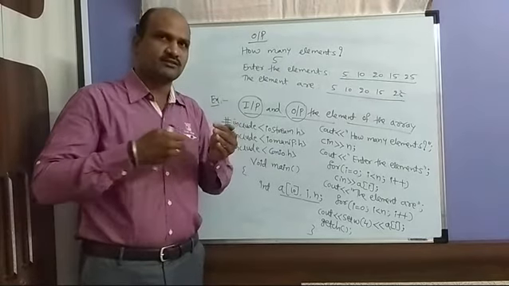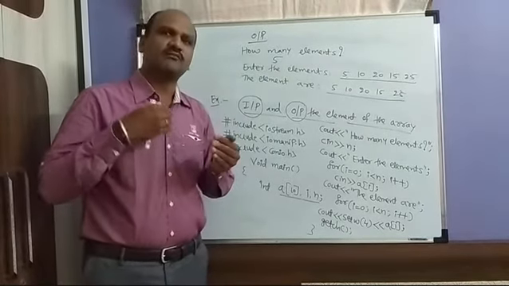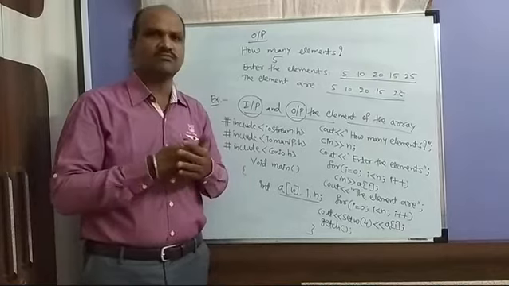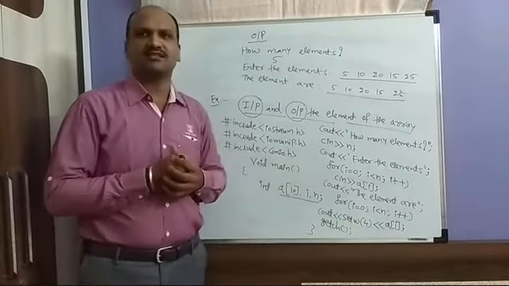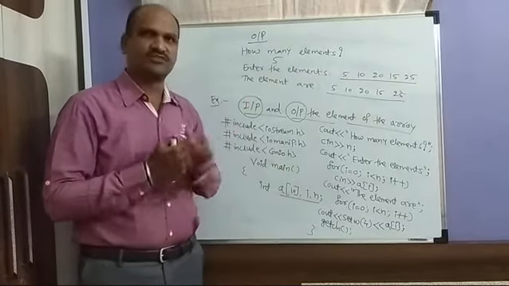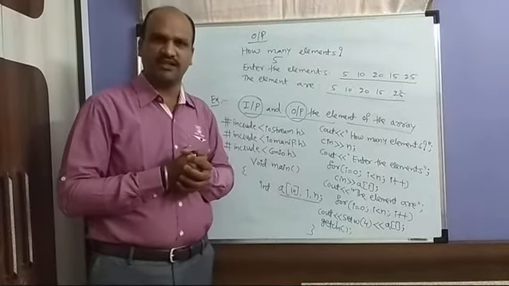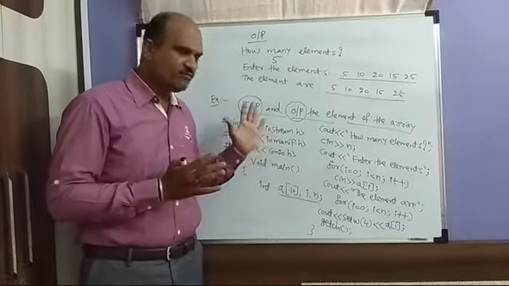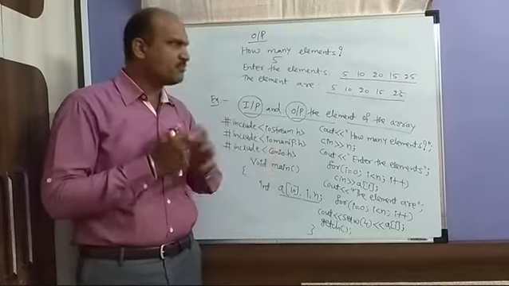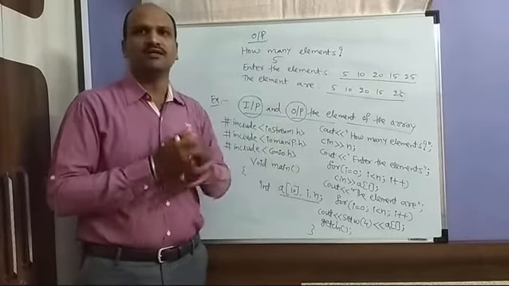Each operation has an algorithm. You should write the algorithm and take and write an example. So today we discussed the traversing of a linear array, the algorithm for that, and also a simple program and how it is written.